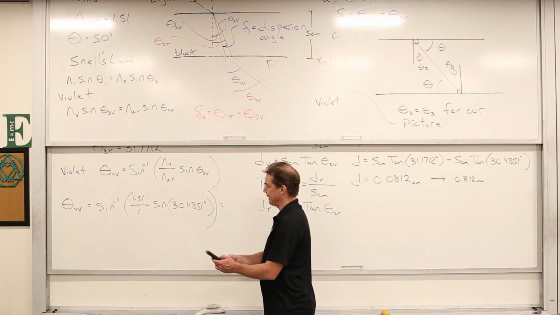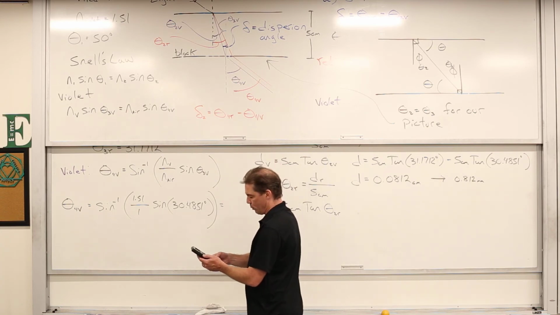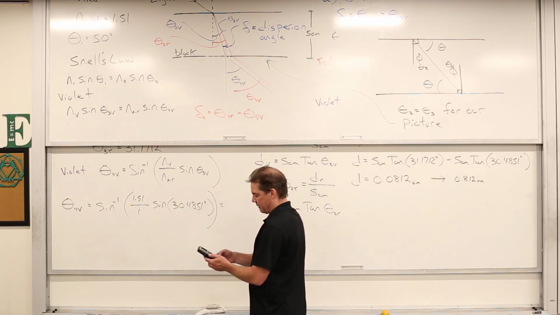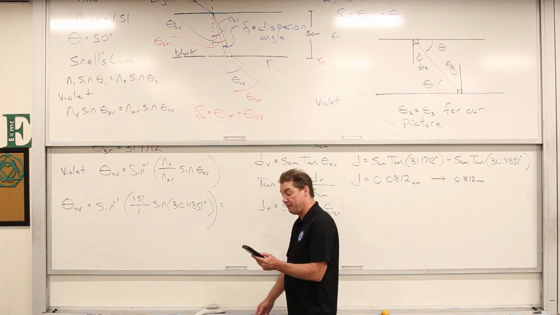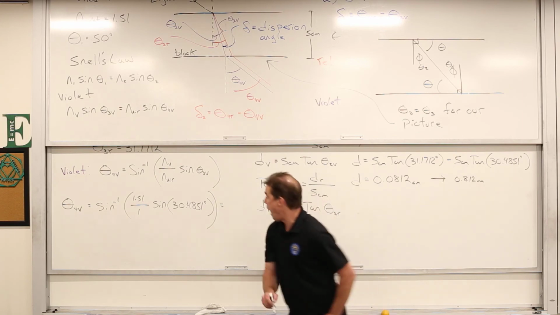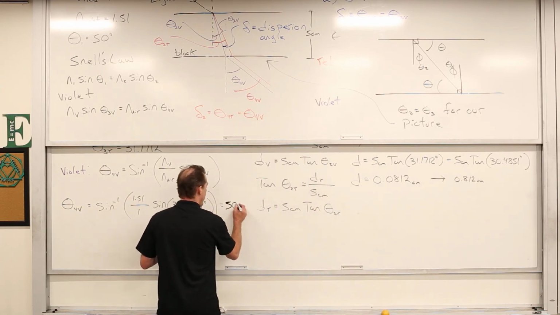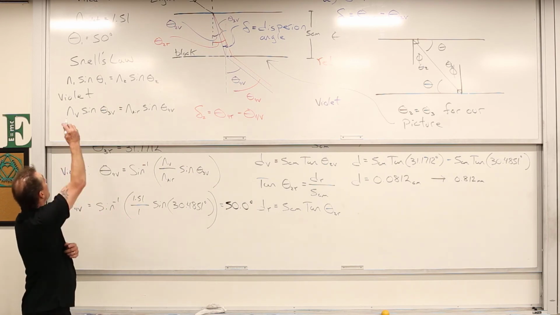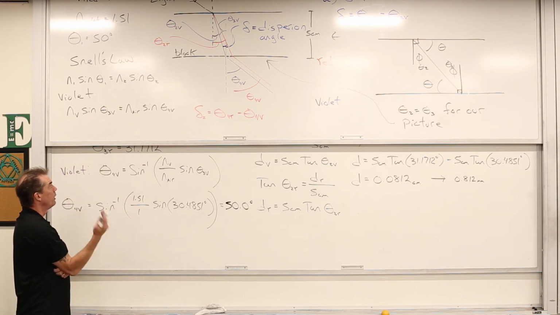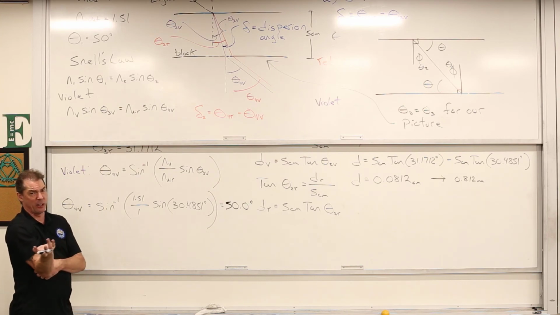I'll just put it in my calculator. 1.51 times the sine of 30.4851. Oh, that's weird. It comes out to be 50.0000. Wow. 50.0 degrees. What angle did it first enter at? Oh yeah, theta 1, that was 50 degrees too. What do we have? An exit at 50 degrees.